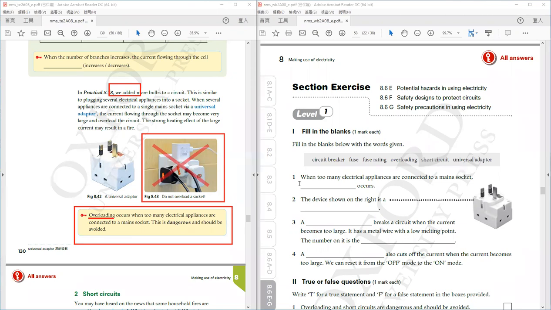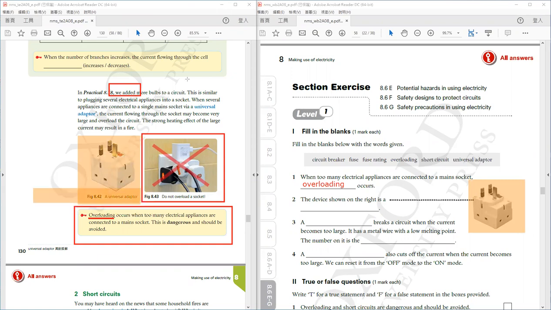Okay, question 1, overloading. Question 2. The device shown on the right hand side. This one. See the name below.